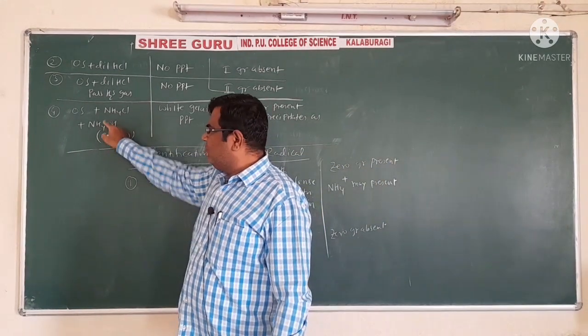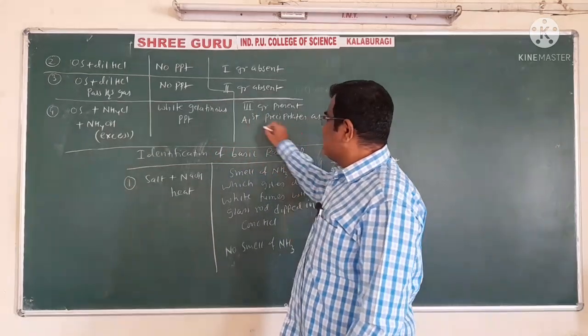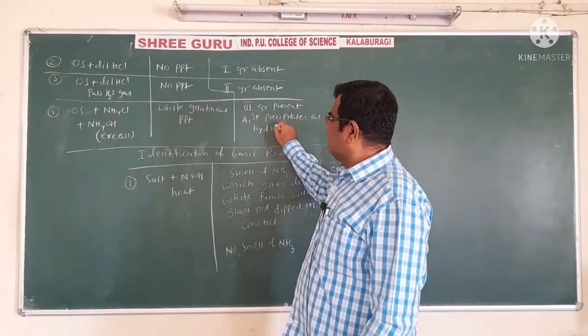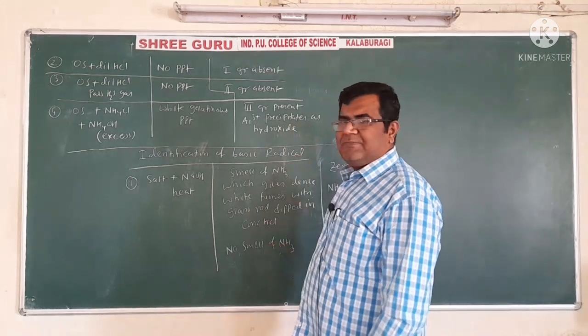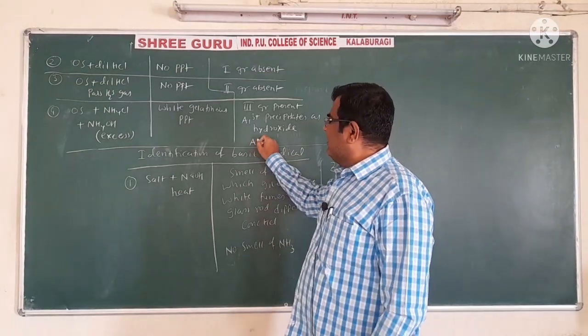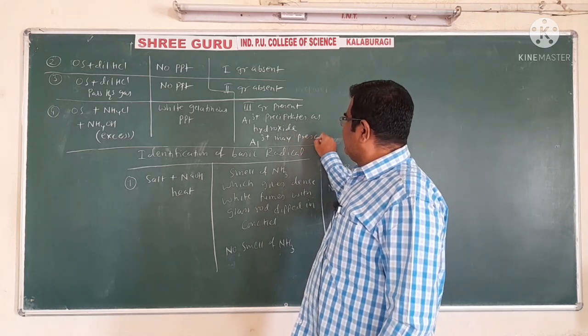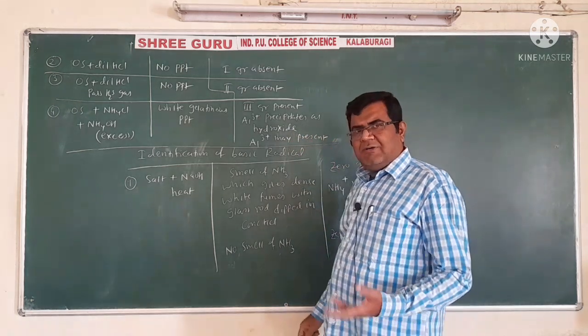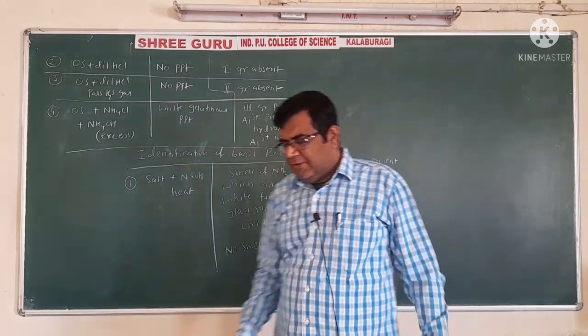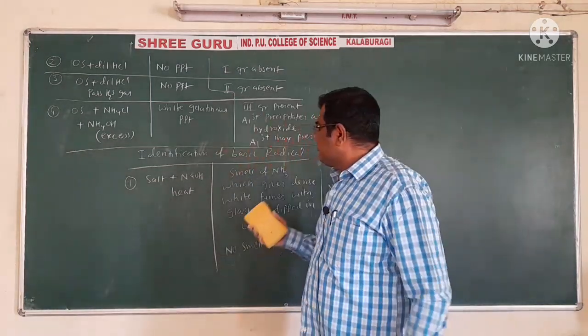So this OH group, so it precipitates as hydroxide, and that's why we can say Al3+ may present. We have almost got a basic radical. Of course, we have to confirm it.